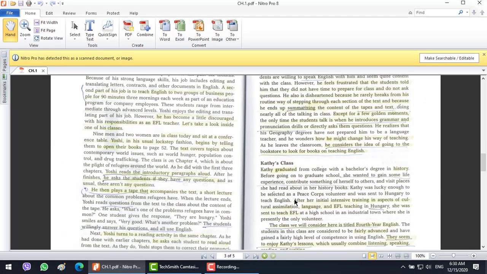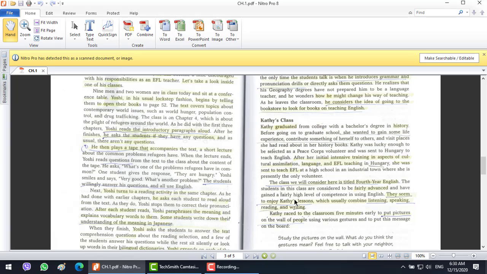If you go to the second class, the Cathy class. Cathy also graduated from the history department, but she teaches students in the fourth year of the English department.